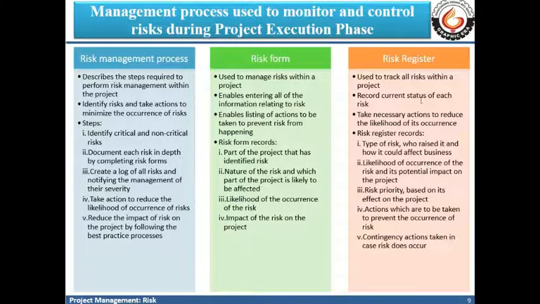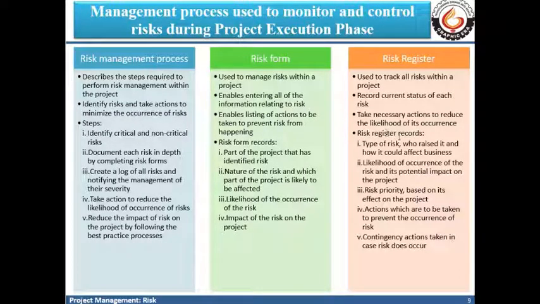Now there is another tool, the risk register, which is used to track all risks within a particular project. In the risk register, we record the current status of each risk which we have identified previously. Then we take the necessary actions to reduce the likelihood of occurrence of those risks.